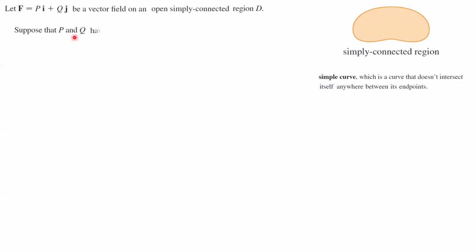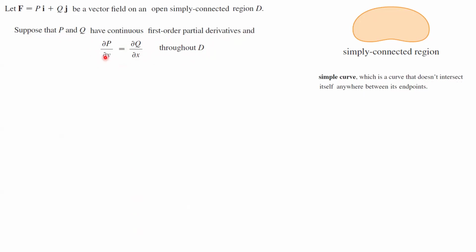Also suppose that these two scalar functions, P and Q, have continuous first-order partial derivatives, and throughout the region D, the partial derivative of P with respect to y is equal to the partial derivative of Q with respect to x.